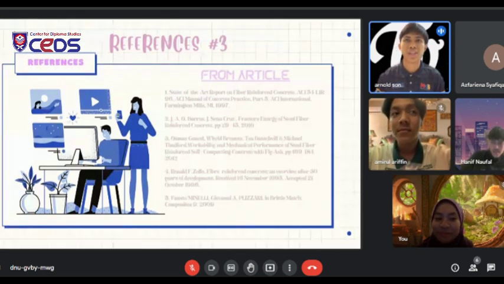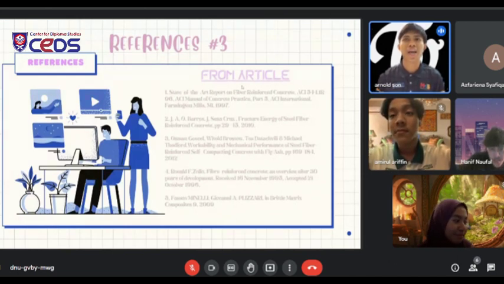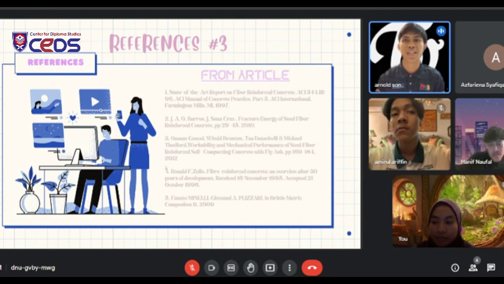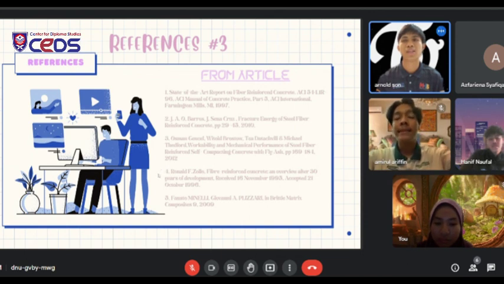Thirdly is from Osman Gencel, Witor Brostow, T. Datashvili, and Michael Thedford, Workability and mechanical performance of steel fiber reinforced self-compacting concrete with fly ash, pages 169 until 184, 2012.